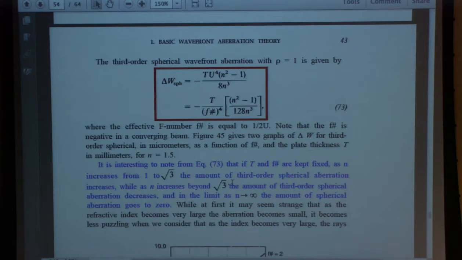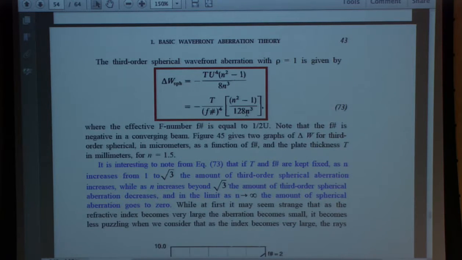If you calculate where it's at a maximum, it increases as n goes from 1 to the square root of 3, and then after the square root of 3, it decreases. In the limit that n goes to infinity, it goes to 0. So that's kind of interesting, that it increases for a while and then decreases again.